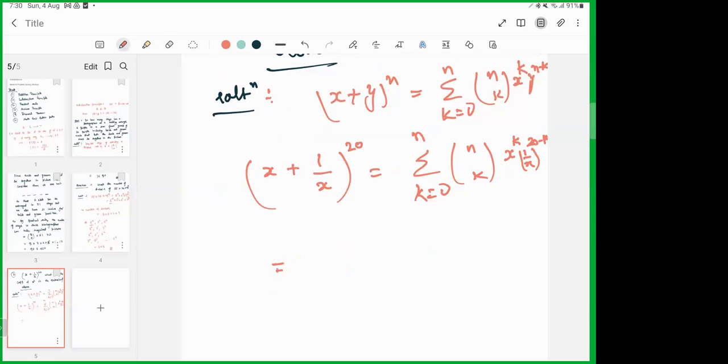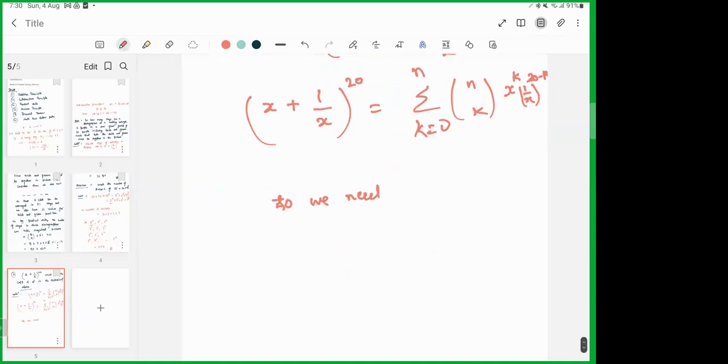We need x to the power k into 1 by x to the power 20 minus k to be equal to x squared. So x to the power 2k minus 20 is x squared.